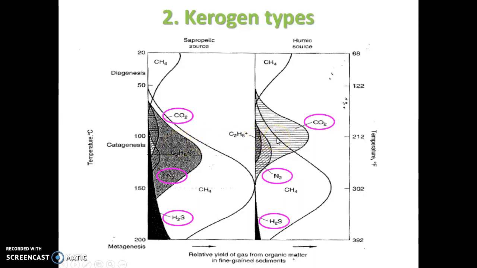Tell me, why does humic source have the capability to generate more non-hydrocarbon gas compared to sapropelic source? Simple, because carbon dioxide is mostly available from continental humic, and humic is sourced from terrestrial higher plants and coal.